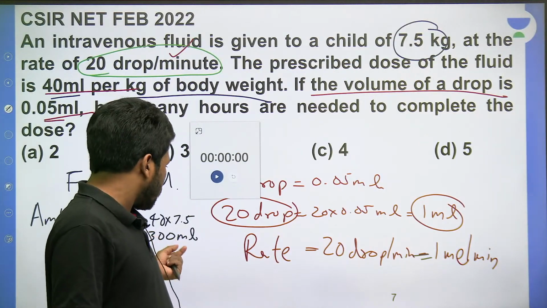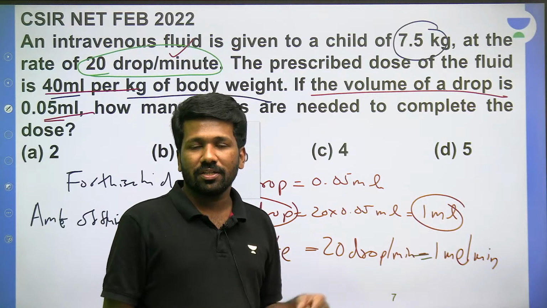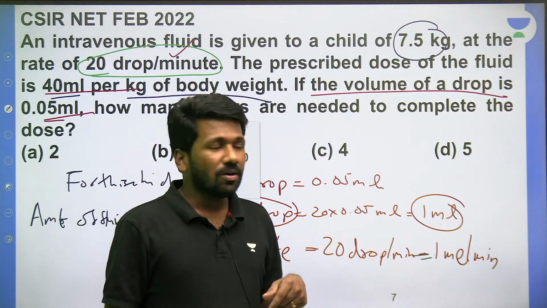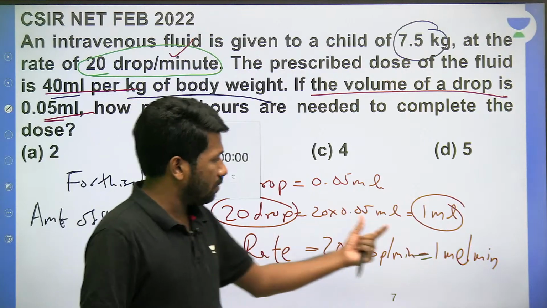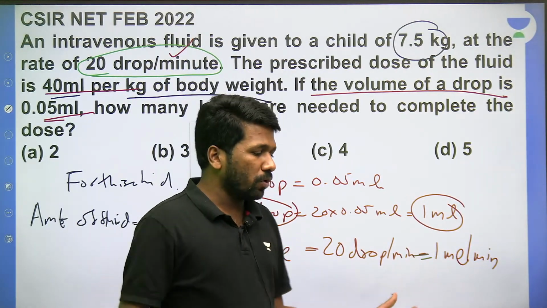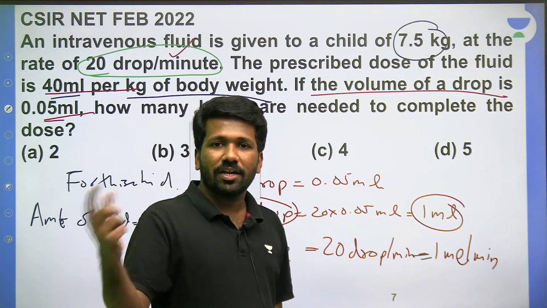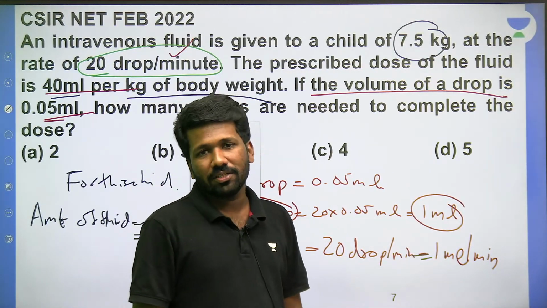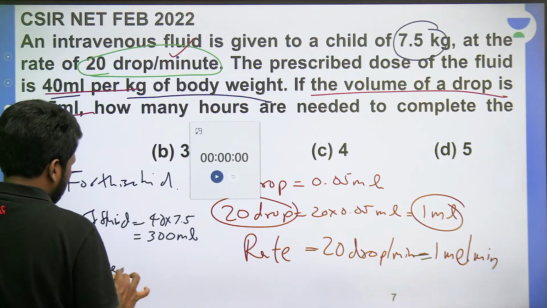Amount of fluid, 300 milliliter, divided by 1 milliliter per minute, the speed. So time is equal to amount of fluid divided by speed. Distance by speed का जगह amount of fluid divided by speed. So 300 milliliter by 1 milliliter is 300 minutes na. So the time taken will be 300 minutes.